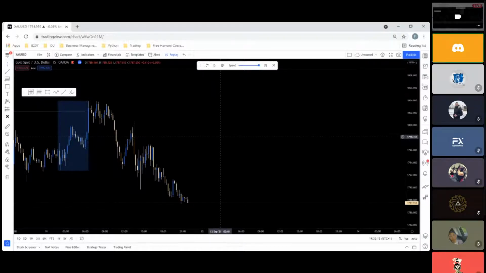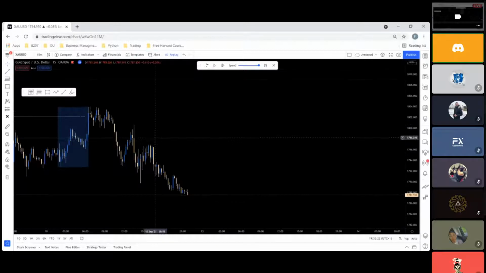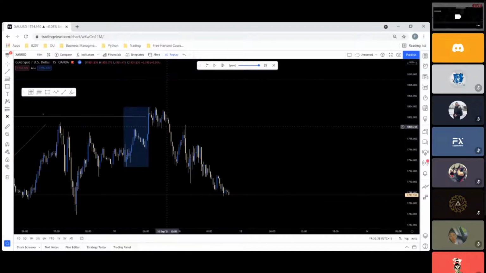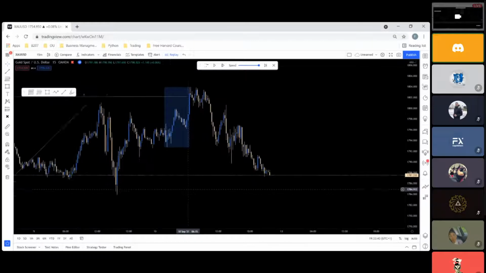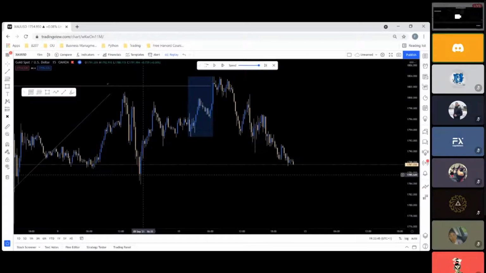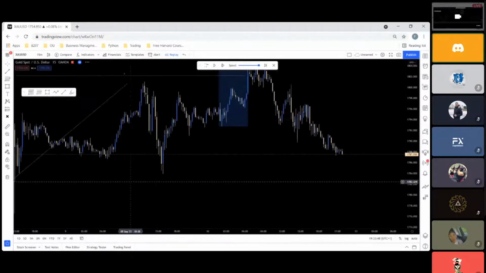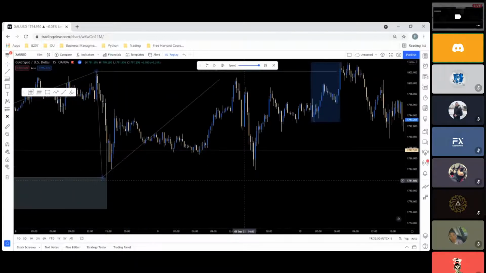Sometimes I'll take a wick as just a wick in itself as an S&D zone, purely because within this wick, there are still orders that need to be mitigated. You could argue price has come up, opened, potentially mitigated everything here, and there's nothing left of value. But if you backtest this in gold, it very much likes to come to these 15-minute and 5-minute wicks, and I find it quite effective.